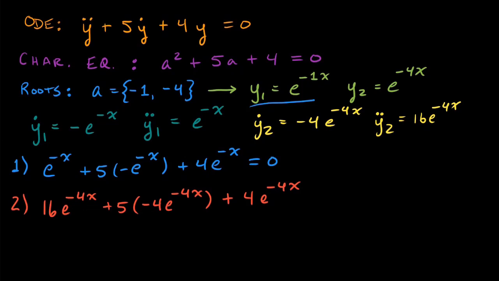It might not be quite as obvious, but it's pretty close. I have a positive 16 times e to the negative 4x plus another 4, so that's 20 e to the negative 4x, and I subtract 20 times e to the negative 4x. That also gives me 0. So I know that the solution given by y2 equals e to the negative 4x also satisfies that differential equation.